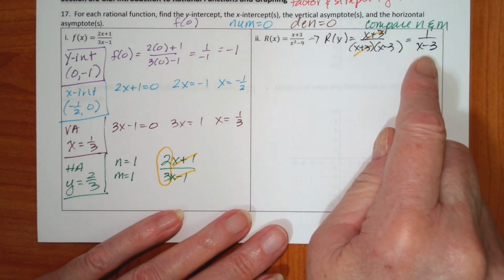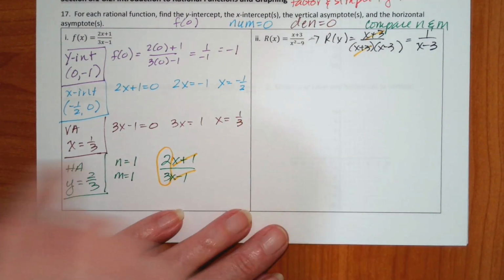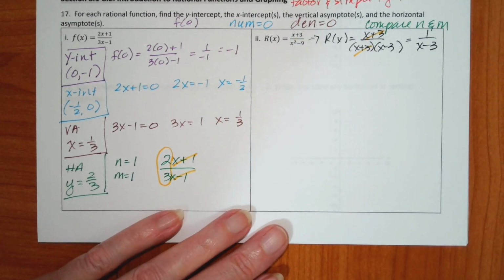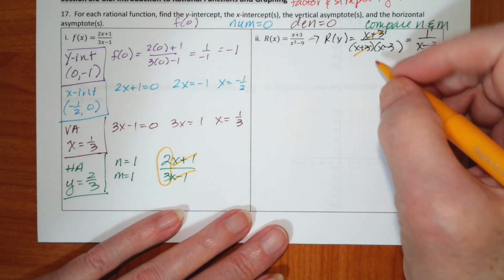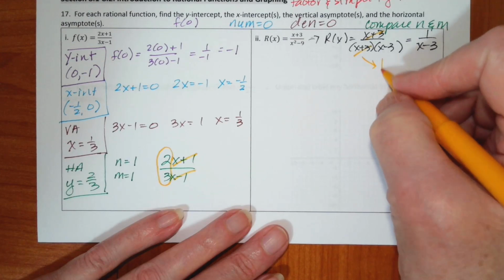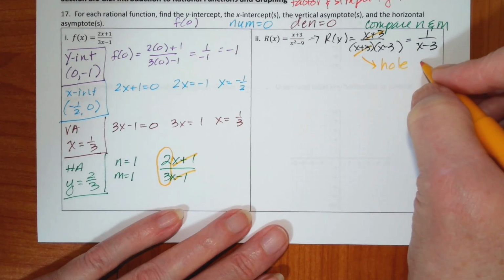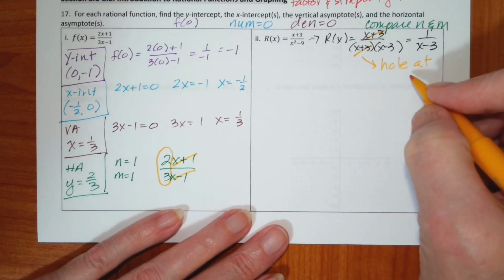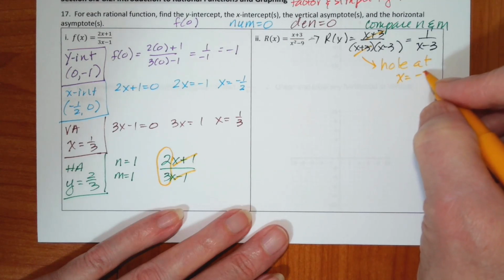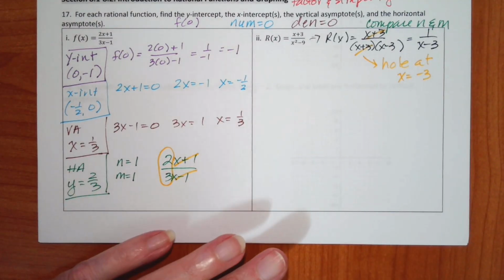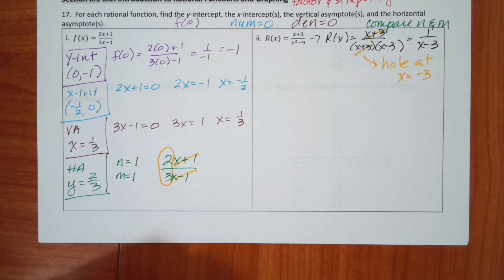Now, this is what I'm using to find all of this information. But what this tells me is there is a hole at x equals negative 3. So it's undefined there as well, but it's a hole. It's not an asymptote, it's just a hole in the graph.